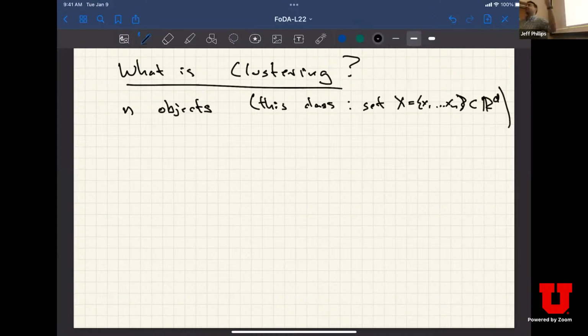So we'll think of these as points in some d-dimensional space. These are vectors, input d-dimensional vectors, a set of n of these vectors.